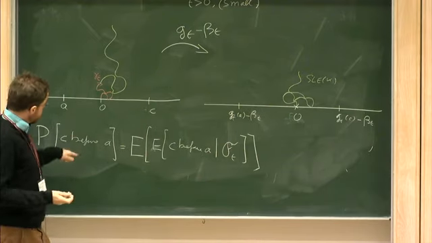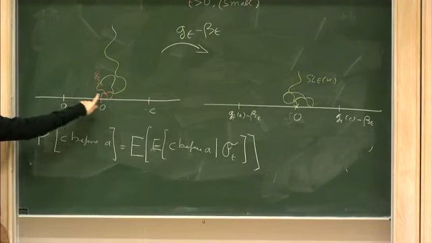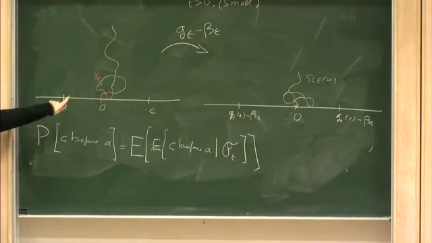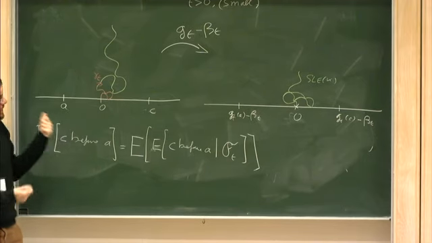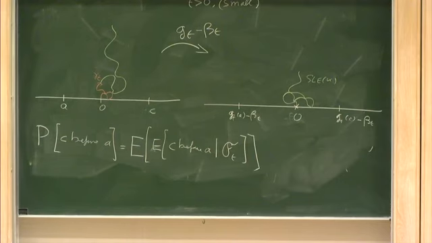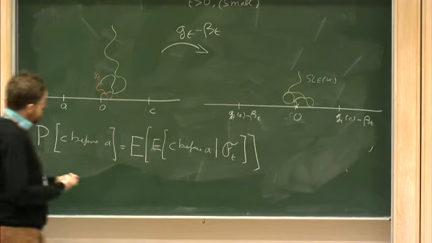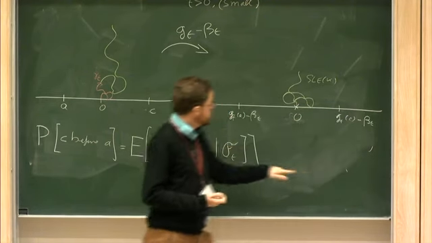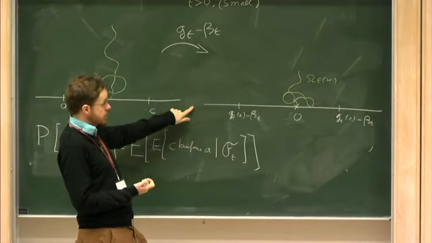On the other hand, if you look at the event that this curve touches to the right of C before touching to the left of A, this is also mapped to something nice by the conformal map. It's exactly equivalent to saying that the green curve here touches to the right here before touching to the left here.